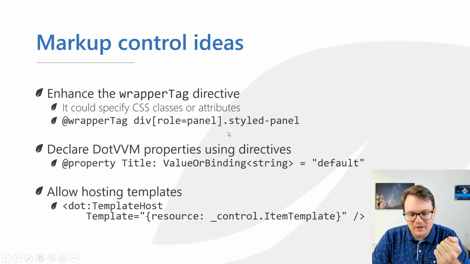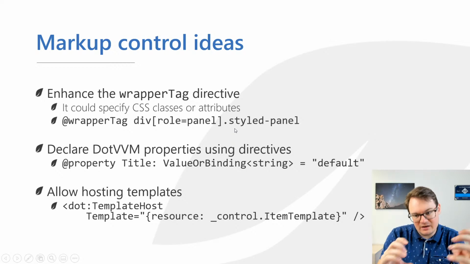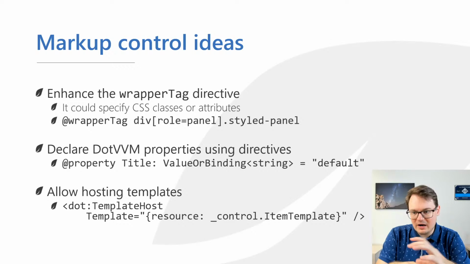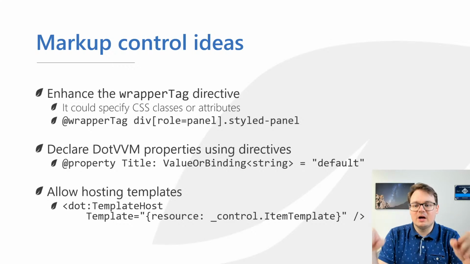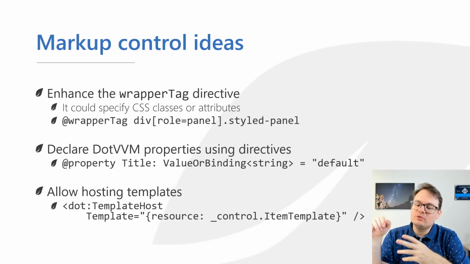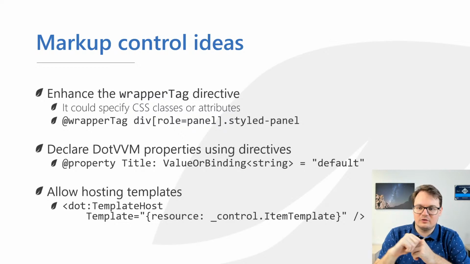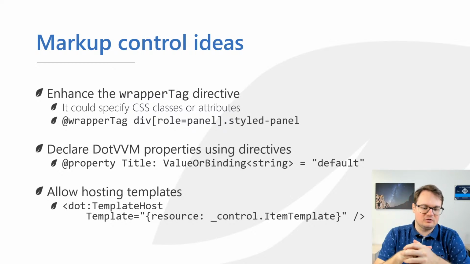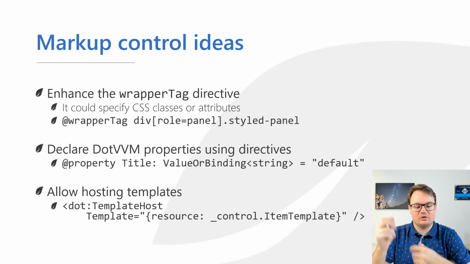So it means add the CSS class styled-panel to this control. So you won't need to create the C# code behind class, because wherever you use this markup control, it will be a div with this attribute and with this CSS class. This is an idea we had. We have an issue on GitHub, and probably we will implement it because it looks quite nice to us. But it's still in consideration.